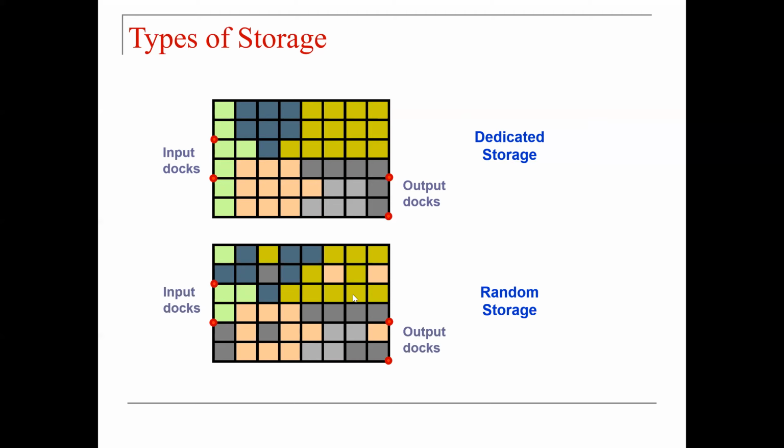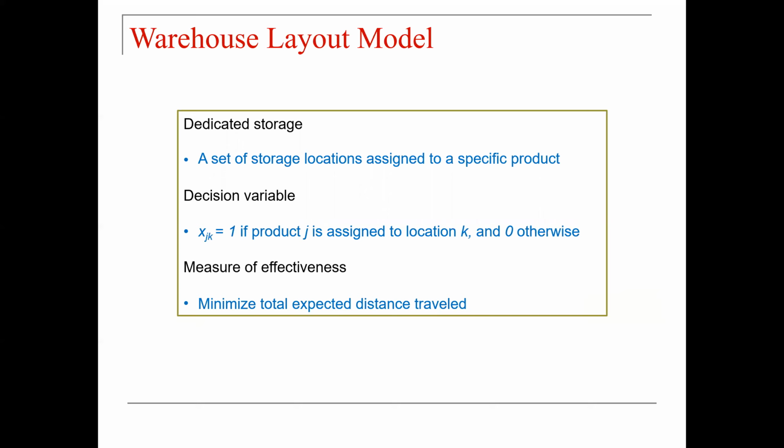So the warehouse layout model is an optimization model in which we have a dedicated storage, which is a set of storage locations assigned to a specific product.